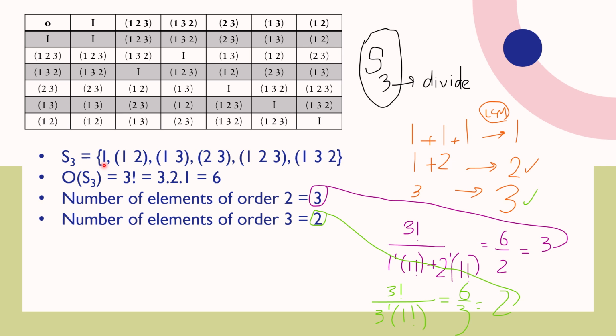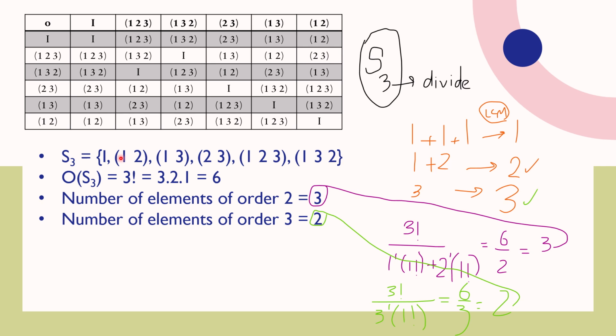So how do we find this? First of all, we know the order of the group itself, which is 3 factorial for S3. For S4 it will be 4 factorial. Now the number of elements of order 2. We have a formula for finding the number of elements of order 2 and the number of elements of order 3. Why are we using this formula?